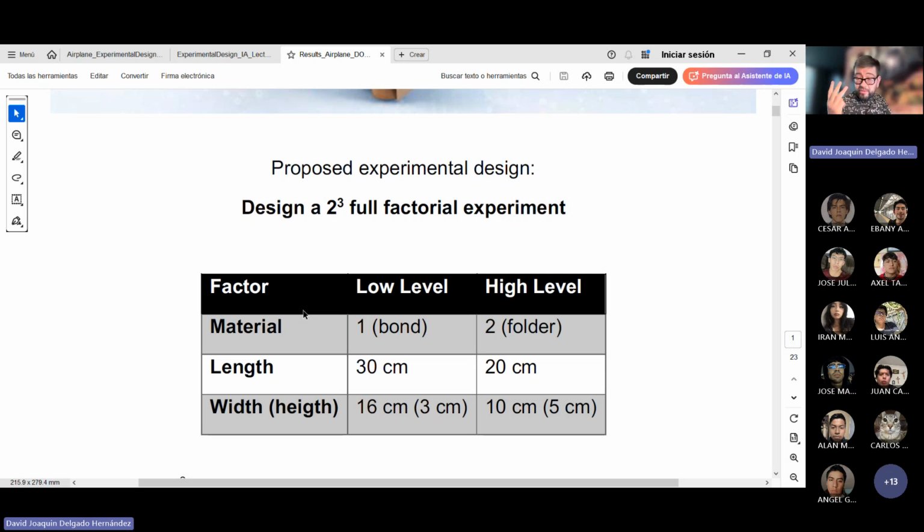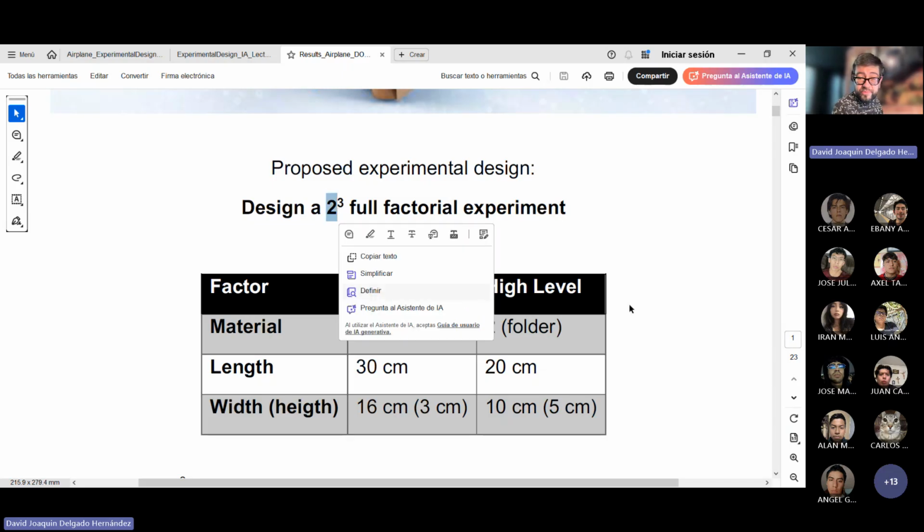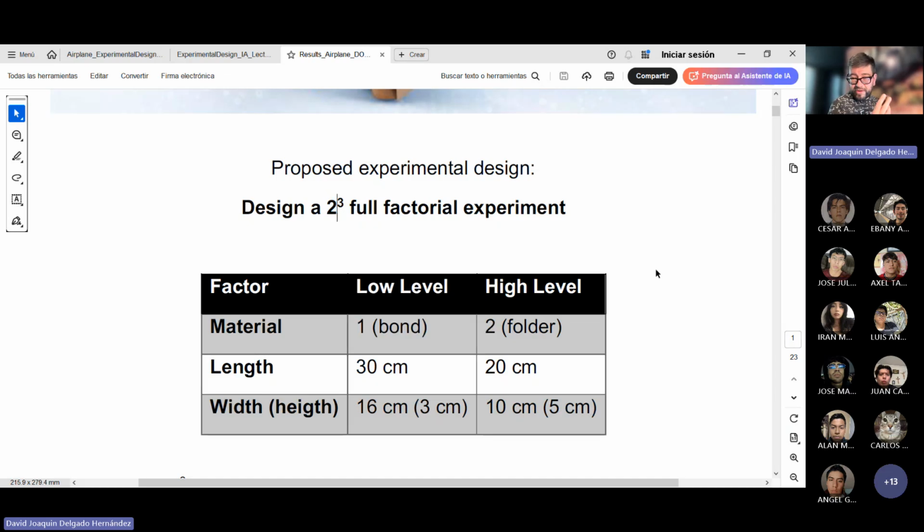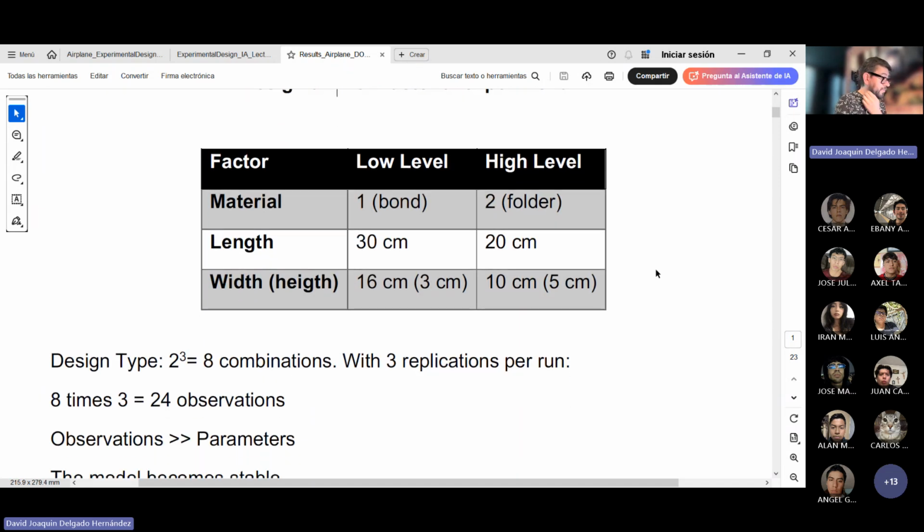So these are the three factors that we are analyzing, and each factor has two different levels. That is the meaning of these two: the two means the two different levels, and the three means the number of factors. So 2 to the power 3 is 8. Why? Because 2 times 2 is 4, times 2 is 8. In total, 8 different combinations.